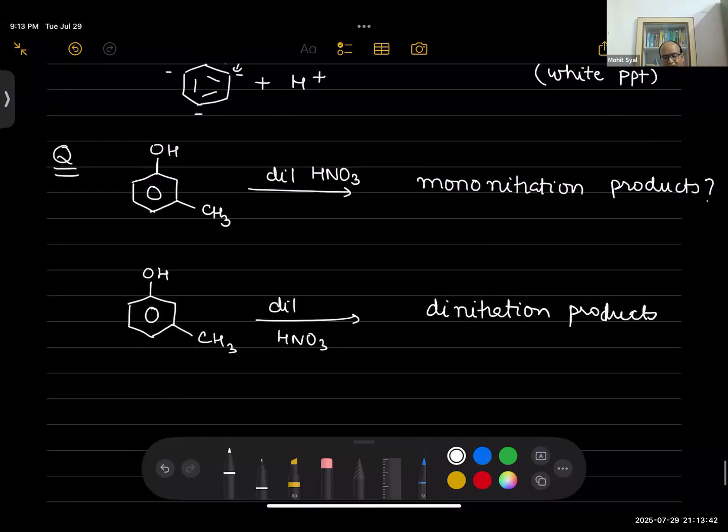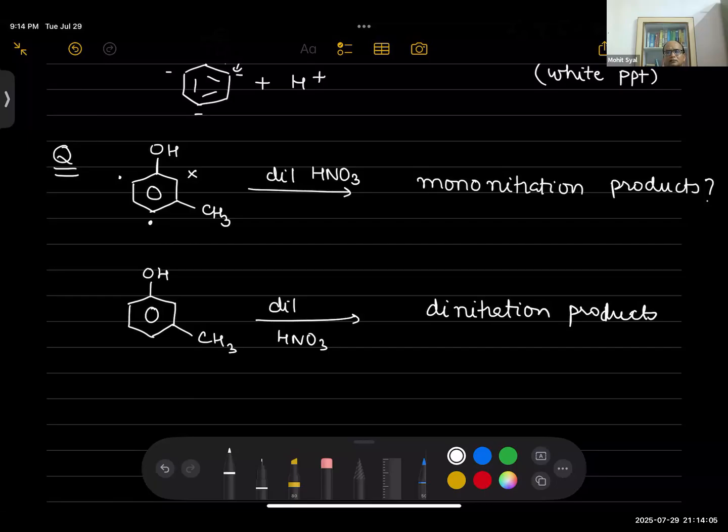If you are attaching a mononitro product, you can attach it, but don't attach here. What's the reason? Jasleen, Marwa, why should I not attach the NO2 group in the middle, on the ortho position which I have indicated?